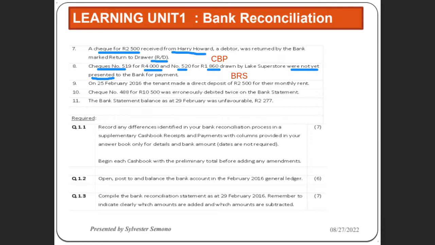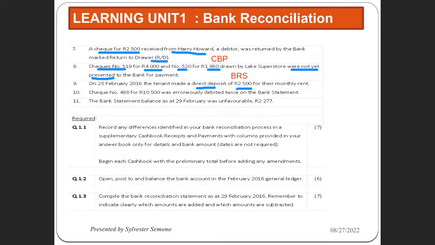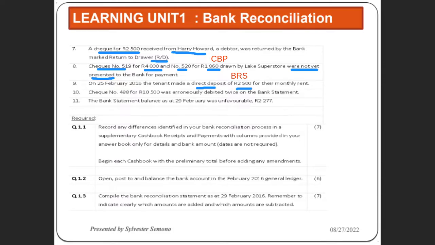No problem. The next one, on number 9, they said on the 25th of February, which is our month, a tenant made a direct deposit of 2,500. Where do you think we're going to record this one? But I don't understand.